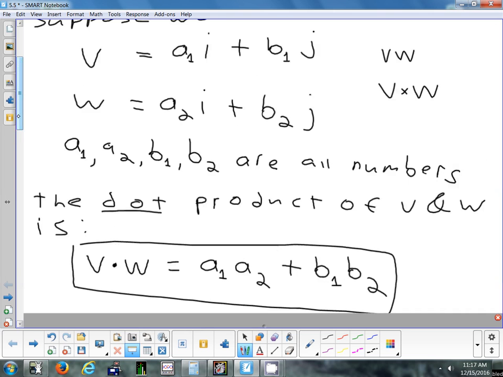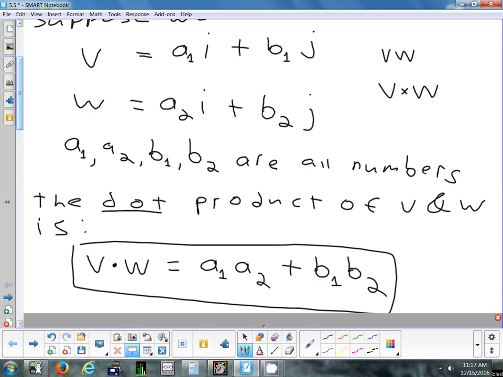So the dot product, very simply, is just A1 times A2 plus B1 times B2. You're multiplying the horizontal components, you're multiplying the vertical components separately, and then you're adding the results. I said earlier, A1, A2, all those are just numbers.